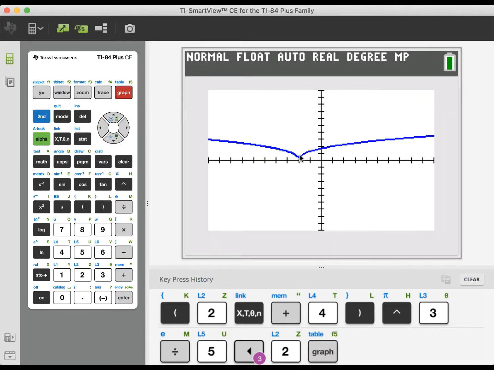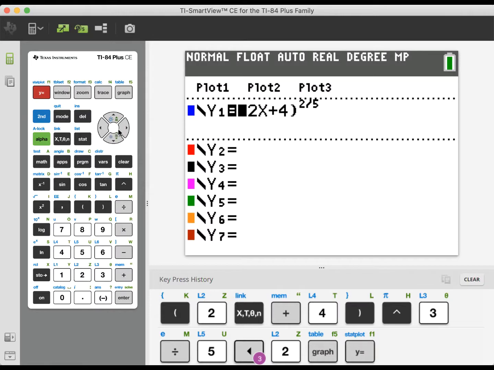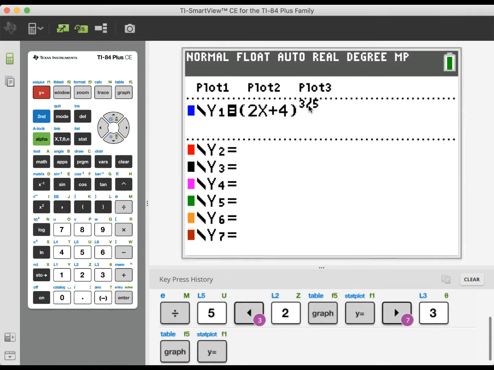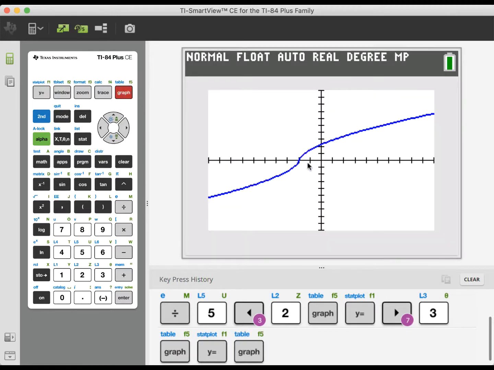There you go. Notice it's much like the previous video. It's decreasing over here, and then it's increasing over here. I'm curious what would have happened if this was to the 3/5 power instead of to the 2/5 power. Yeah, that's what I thought. It's continuous everywhere. Now notice that we would still have an undefined value at x equaling negative 2, but that's for the derivative itself.